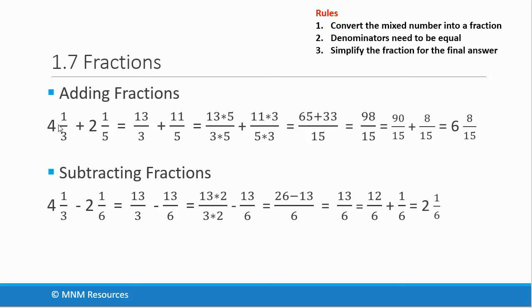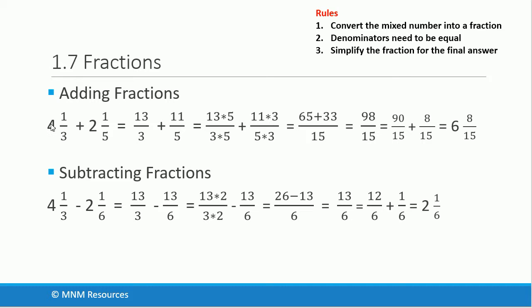To convert a mixed number into a fraction, we need to first come up with a new value for the numerator. To do that, you need to multiply the whole number by the denominator and add the value of the numerator to that total. So in this example, 4 is your whole number multiplied by 3, your denominator.